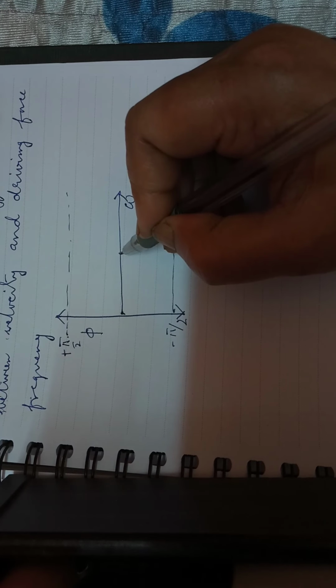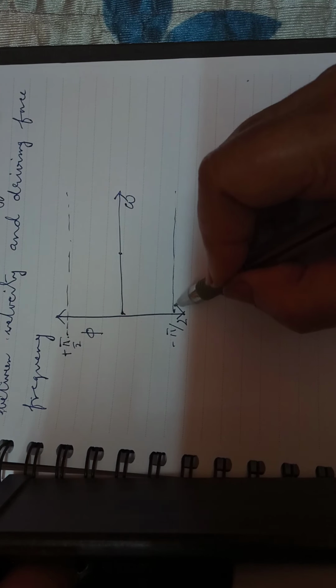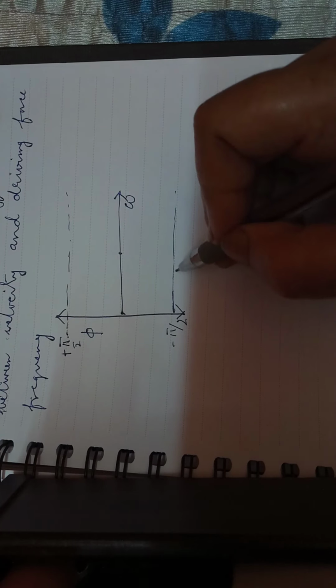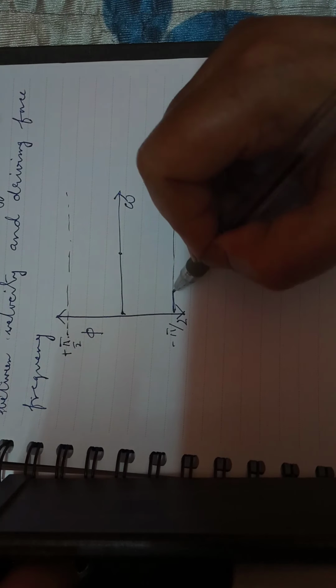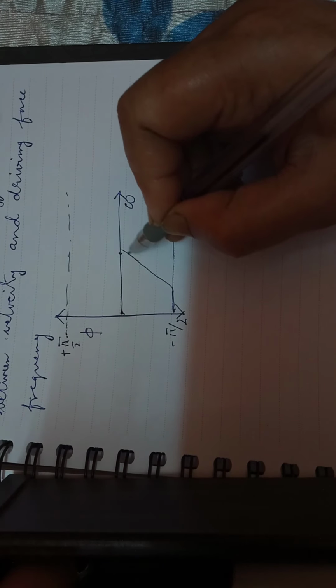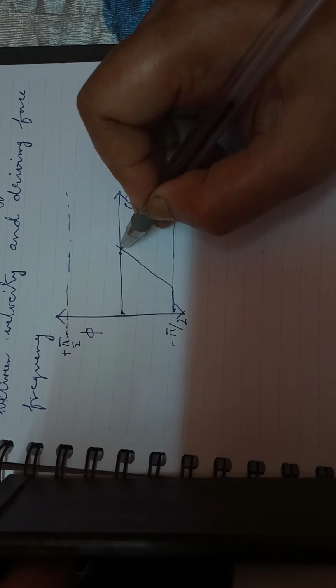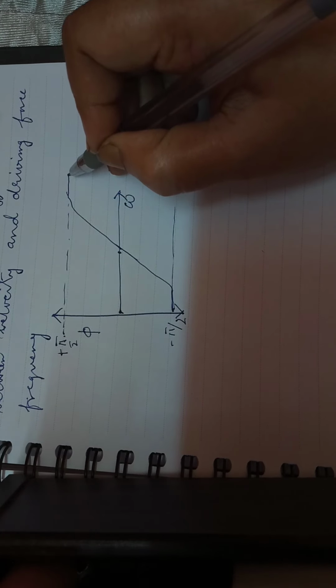If this is your frequency omega naught, your graph will go like this for phase, for velocity resonance. It should cross through omega naught and then it is like this.